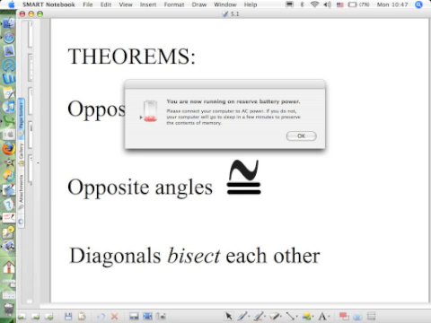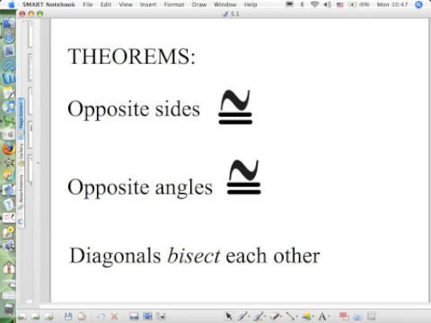The next thing says the opposite angles of a parallelogram are congruent. So if you're told that a four-sided figure is a parallelogram, you now know that opposite sides are parallel, opposite sides are congruent, and opposite angles are congruent.